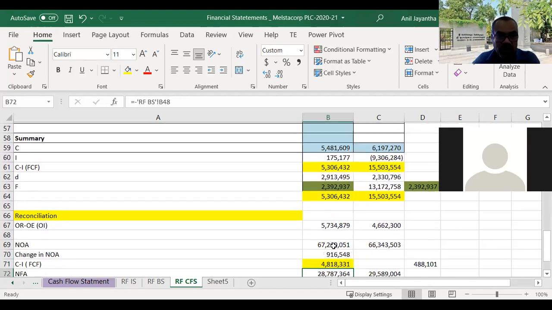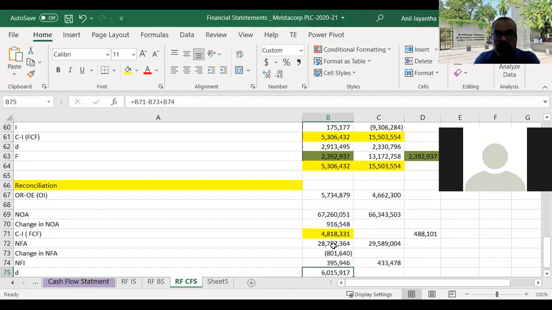But if you go to the income statement and take the operating income and net operating assets, that is the balance sheet, then the change in net operating assets. So did you get the same amount of change in net operating assets or a different figure?